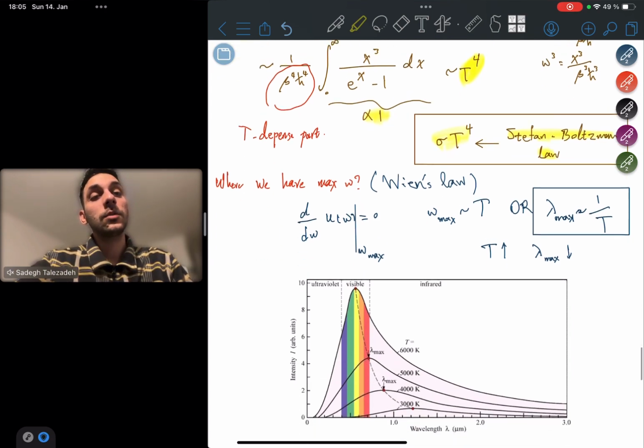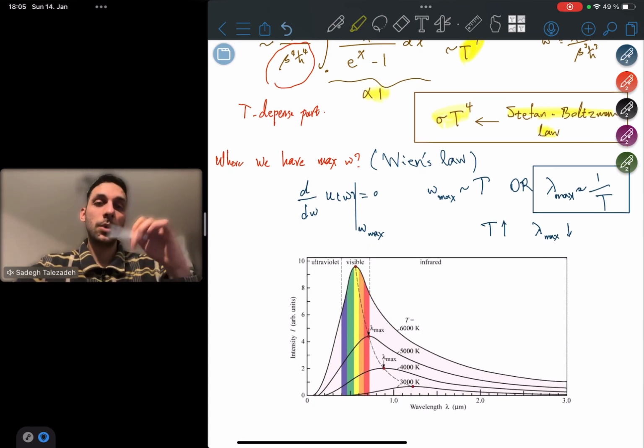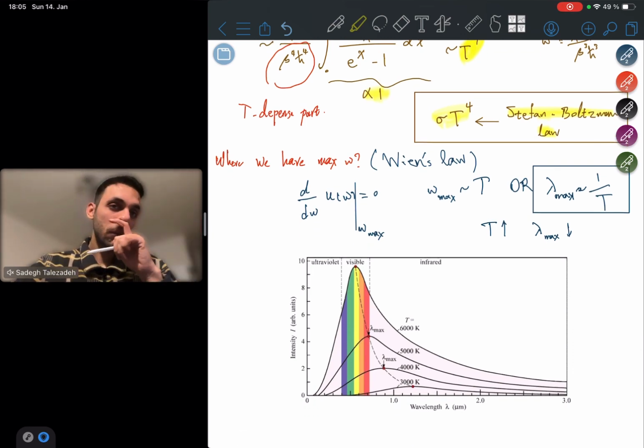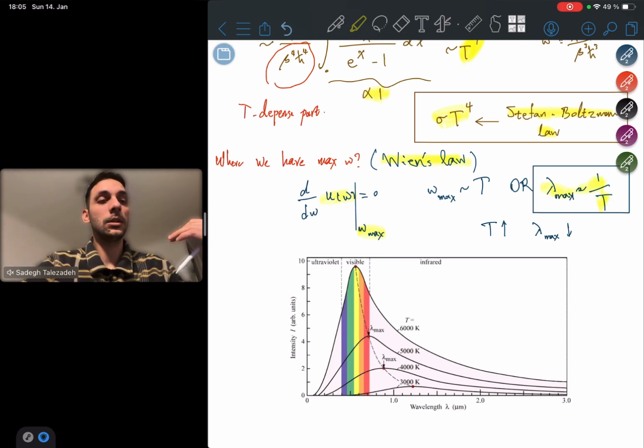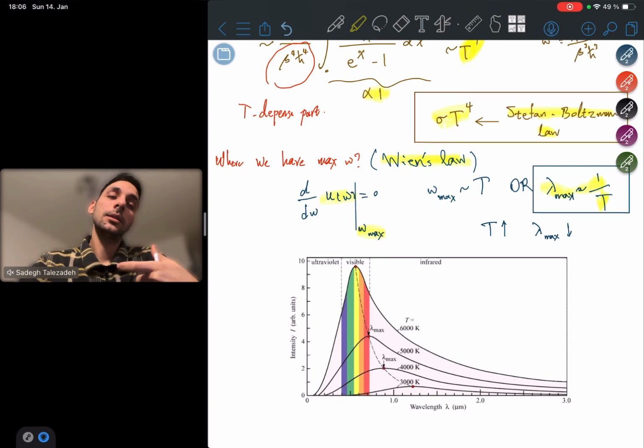And of course, if you want to know where this peak appears, you have to take a derivative of this function and find this omega max. And this is also known as Wien's law. And it shows that there is an inverse proportionality between lambda, the wavelength, and the temperature.